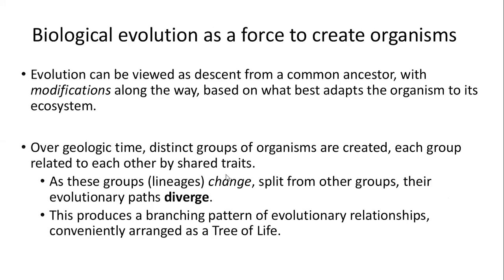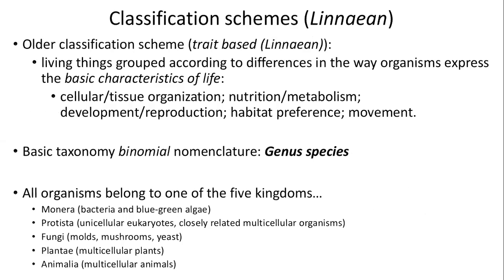So you can't necessarily expect to see something evolve in one lifetime. It might take several lifetimes for evolution to occur. And if you chart out these changes, you can see divergence in the path along the way, and branching of the different life forms, arranged in what we call a tree of life. Okay, so we'll cover all that in a minute.